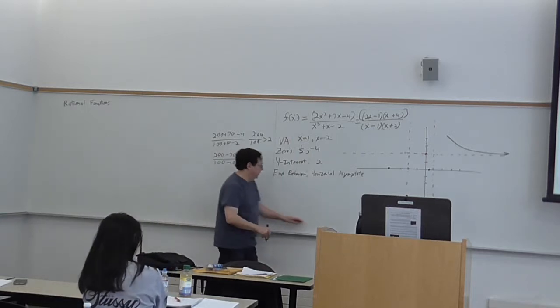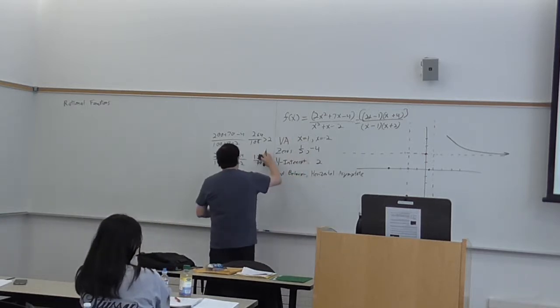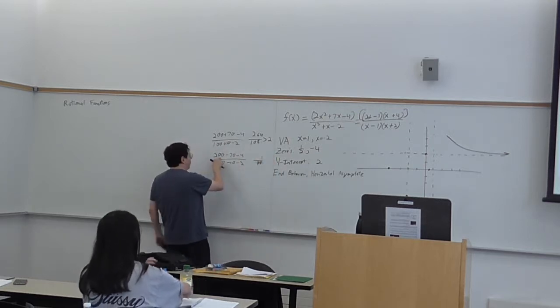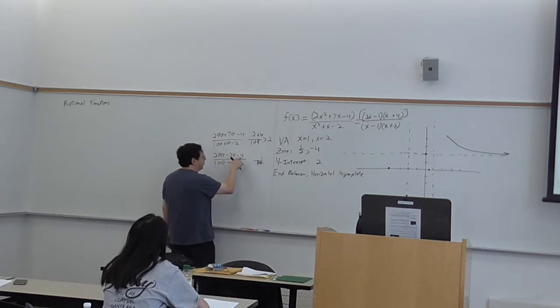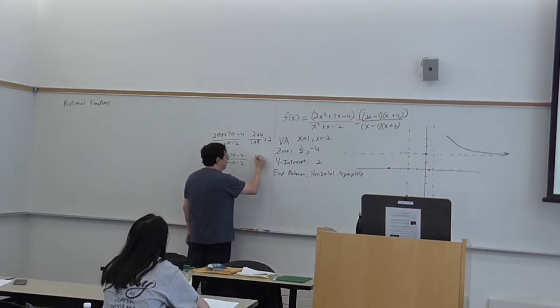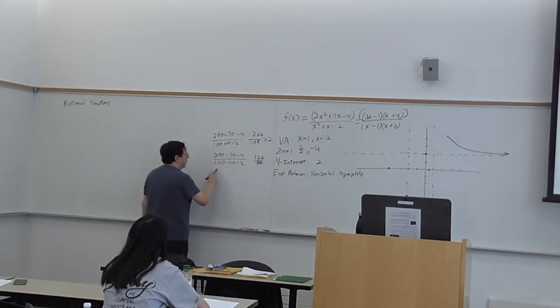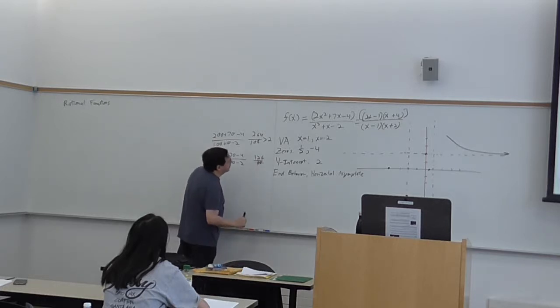Oh, wait a minute. I subtracted wrong. That's 130 minus 4, 126, and 90 minus 2 is 88, right?